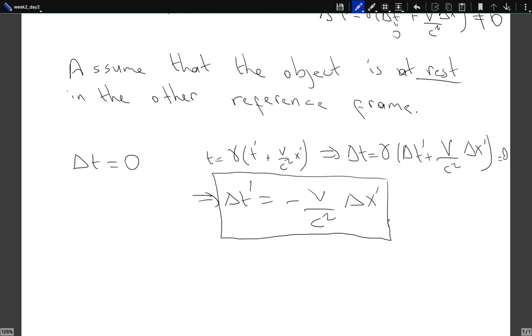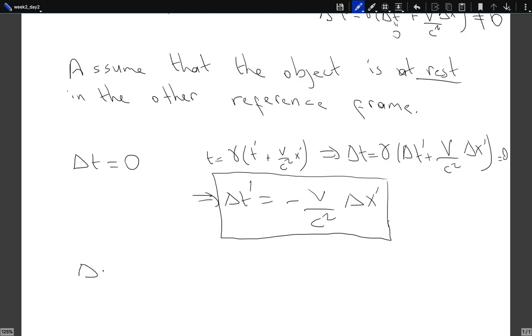And the time separation between these two measurements in the other reference frame is given by this expression. So I should measure one end of the object before I measure the other end of the object in the other reference frame. But it doesn't make any difference, because in the other reference frame, my object is at rest. It's not moving. The beginning and the end points didn't change during my measurement.